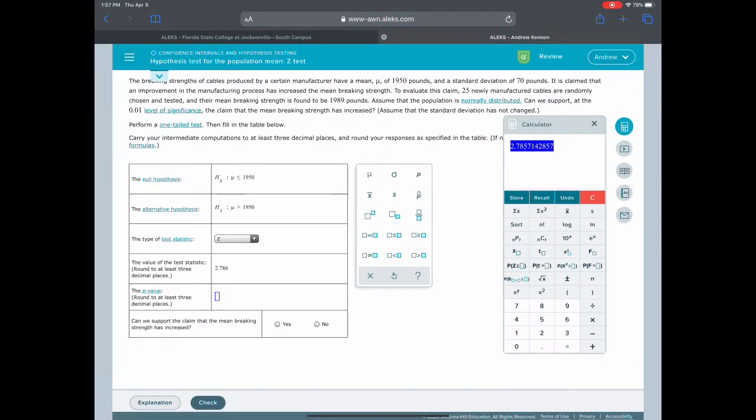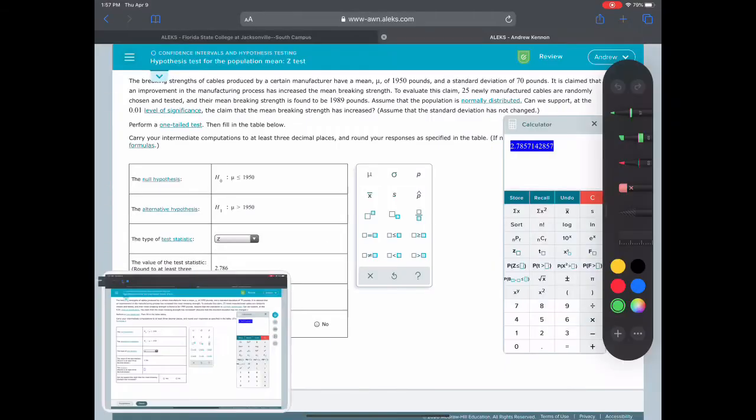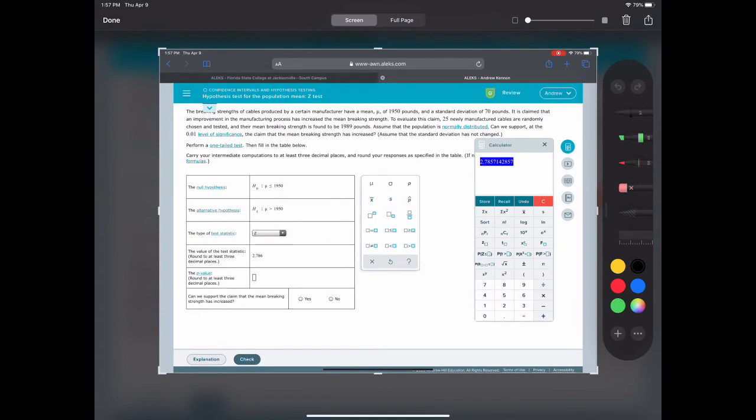To find the p-value now, we are looking at our normal distribution curve. We want to know, at the 0.01 level of significance, can we support the claim that it has increased? Our test statistic is 2.786, which would be down here.